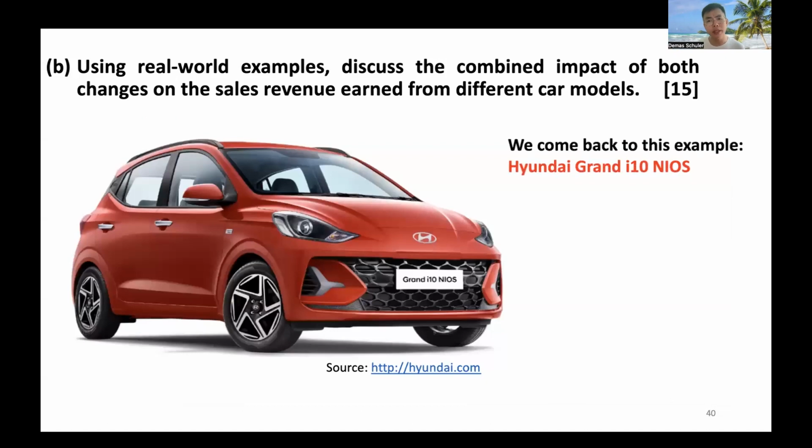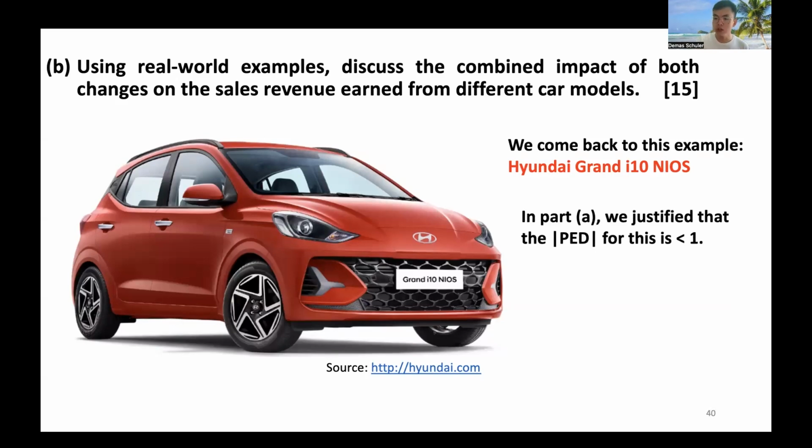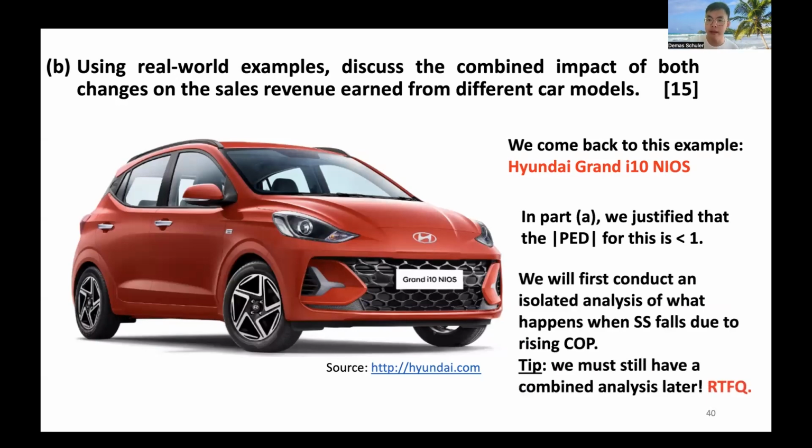Here goes Model A. We are coming back to this example, which I also used in the previous videos: the Hyundai Grand i10 Neos. As mentioned, this was justified in part A. Now, for clarity, I will first conduct an isolated analysis of what happens when supply falls due to rising cost of production.